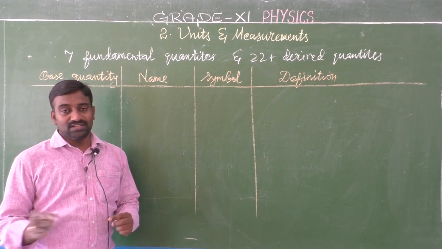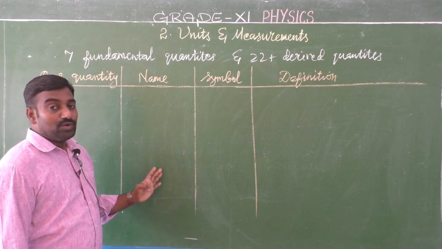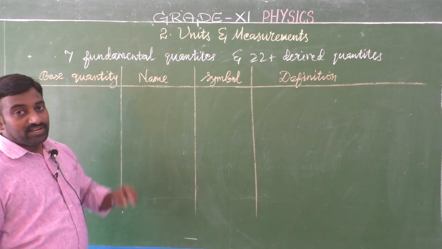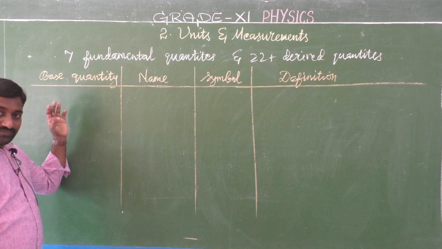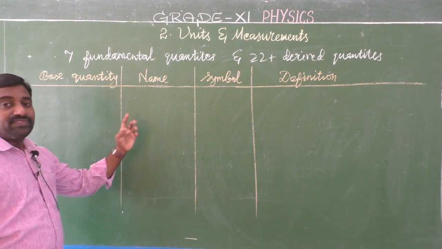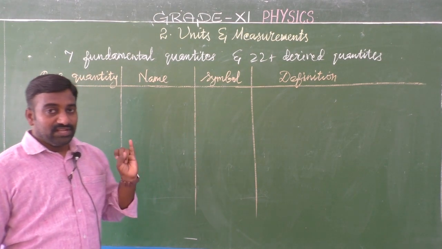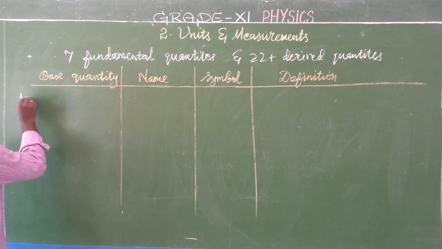Derived quantities we will use later, but mainly we should know the 7 fundamental quantities: their names, their symbols and definitions. In that, the first fundamental quantity is length.